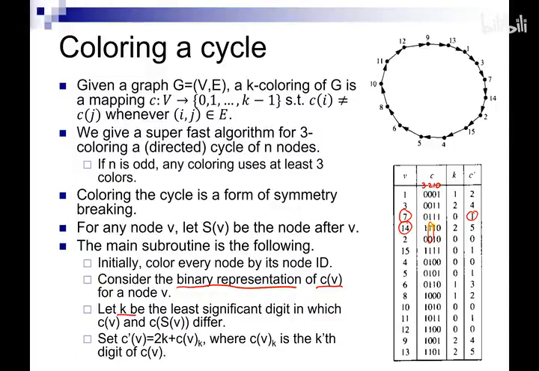Its new color is going to be 2 times k plus its value in the second digit, which is 1. Therefore its new color is going to be 5. We're just going to do this for every single node: you take the node, you take its successor, you look at their colors, and you find the digit where they differ, some digit between 0 to 3 in this case. You take that number, multiply by 2, and then add the kth digit to that.